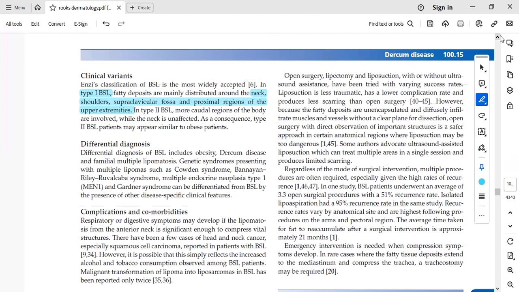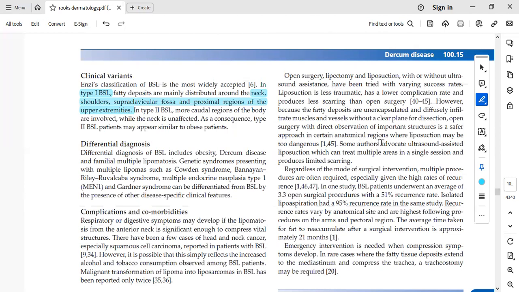However, because the fatty deposits are unencapsulated and diffusely infiltrate muscles and vessels without a clear plane for dissection, open surgery with direct observation of important structures is a safer approach in certain anatomical regions where liposuction may be too dangerous. So these procedures both have their own pros and cons, open surgery and lipectomy.